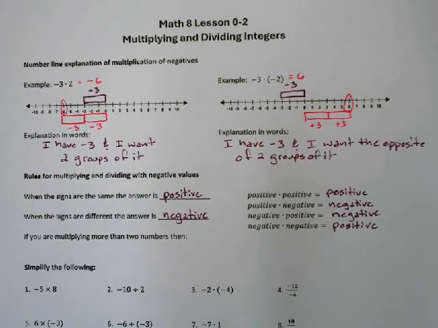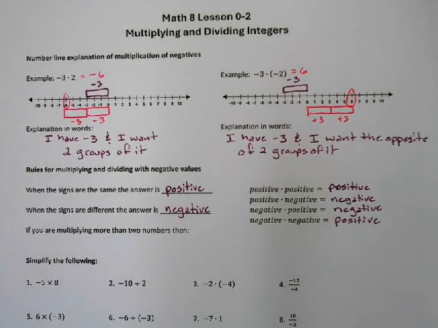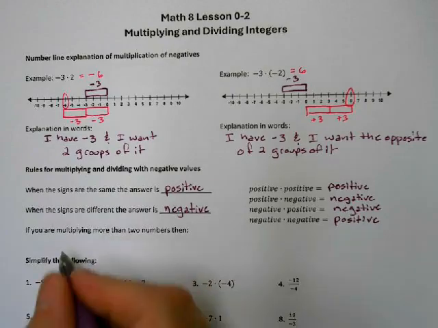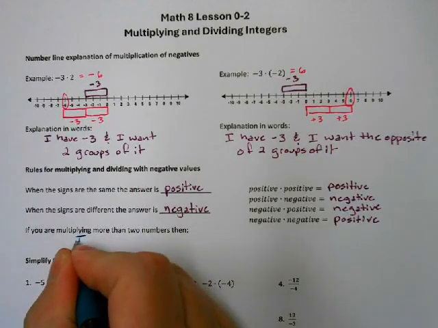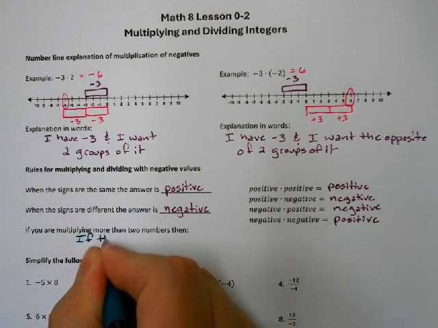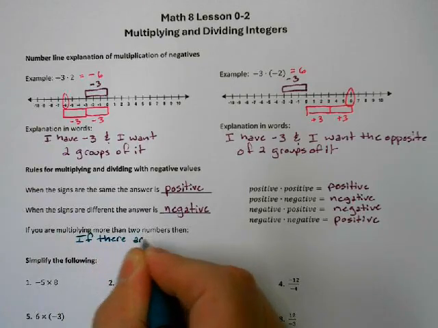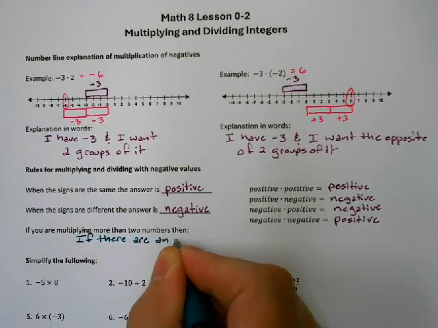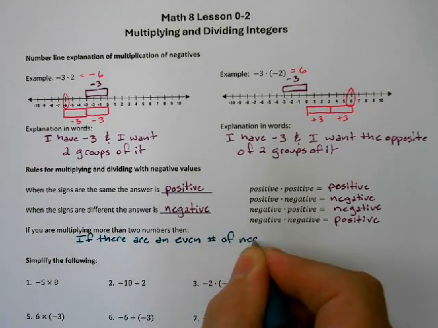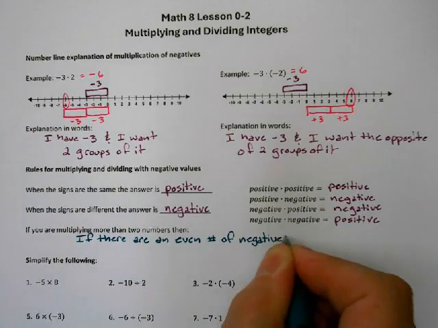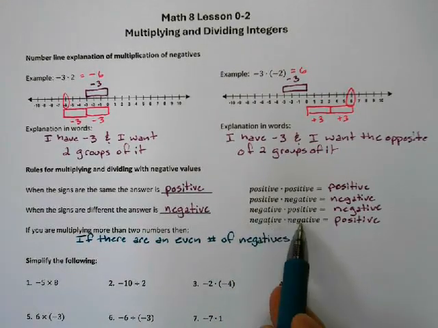Now, if you are multiplying more than just 2 numbers, let's say you're multiplying 3 numbers together, or 4 numbers together, or 5 numbers together. If you have an even number of negatives, that's 2 negatives, you're going to get a positive.